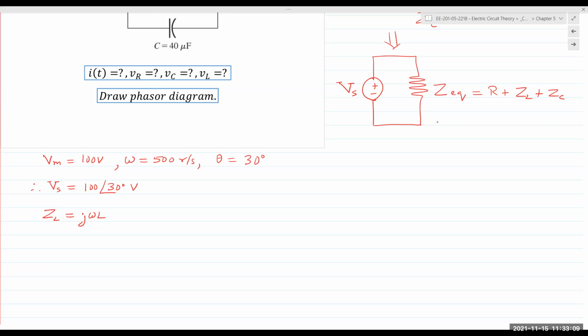For VC and VL, I would simply take the current I and multiply it with ZL and ZC. So I need to multiply two complex numbers, and again, I need to have them in polar coordinates for that. So I try to find both at the same time at the beginning of the problem. You don't have to do so if you don't wish to. You can have the answer either in polar coordinates or in rectangular coordinates. Either one is fine.